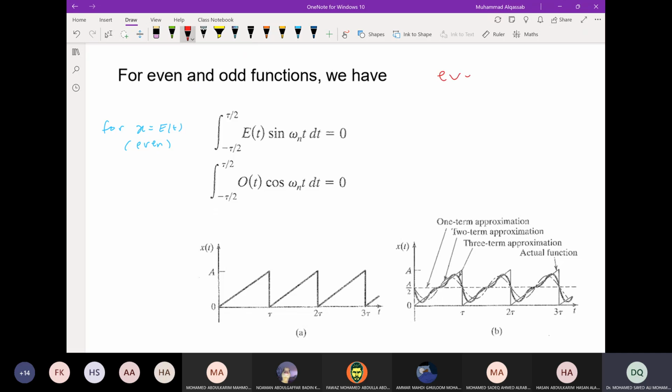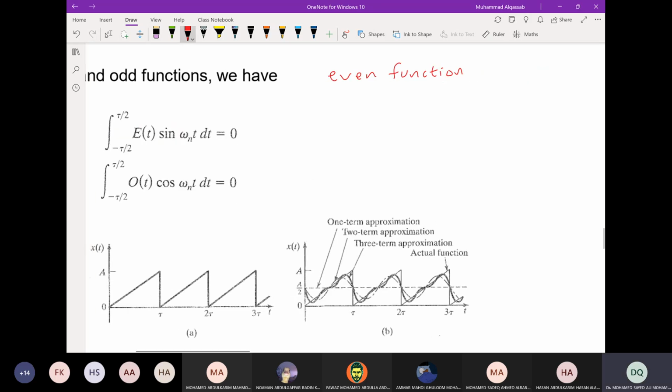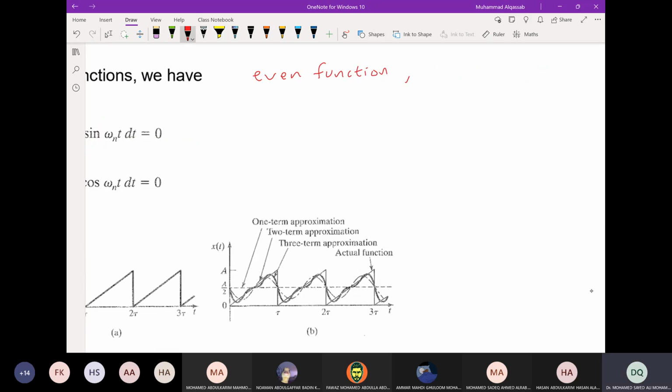An even function, if you have an expression f of x, then f of minus x equals f of x. This is called even. And an odd function is f of minus x equals minus f of x. It is called odd.